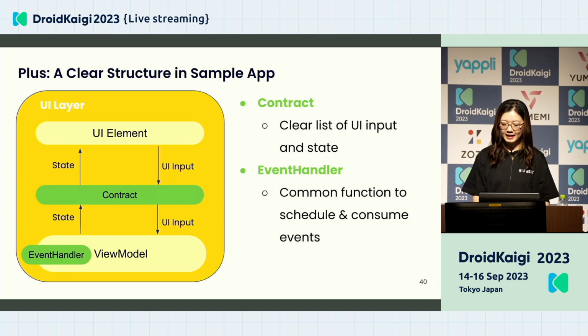As for the event handler, as the name suggests, it's responsible for managing events, including scheduling, updating, and consuming them. Moreover, it can be shared among multiple stakeholder classes, enhancing the overall efficiency of event management in the application.